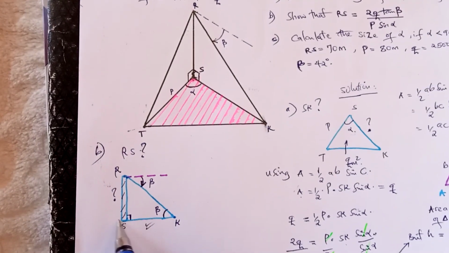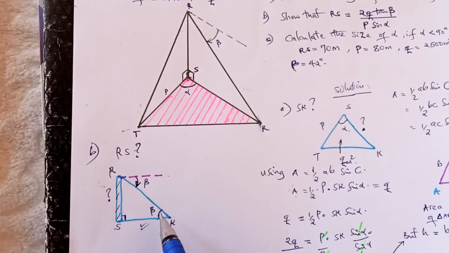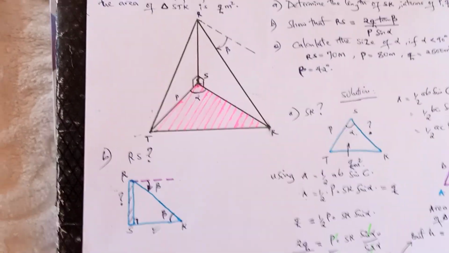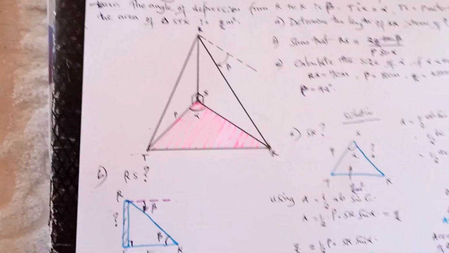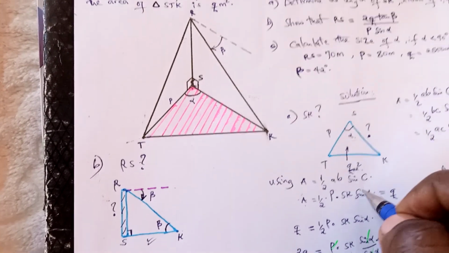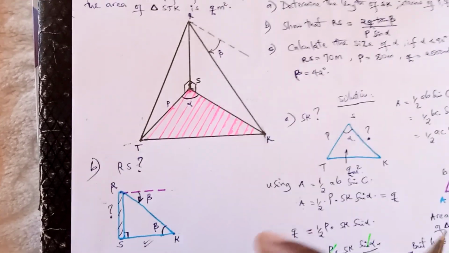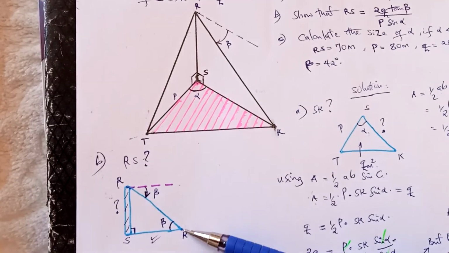This is a horizontal line, this is a horizontal line. These guys are going to be equal. They are alternating angles. So we have SK. Thank God we don't have this.